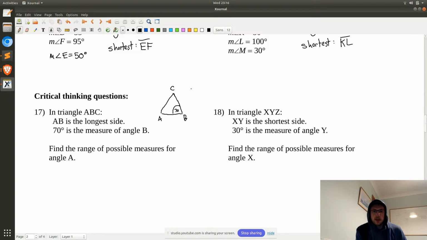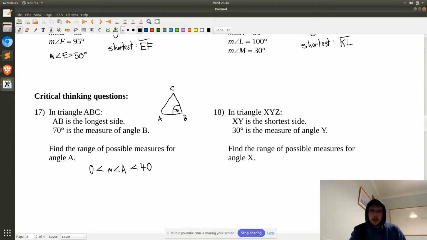So 40 degrees is the hard ceiling to angle A. And as angle C grows larger, angle A grows smaller. So the measure of angle A is bound by 0 and 40 exclusive.